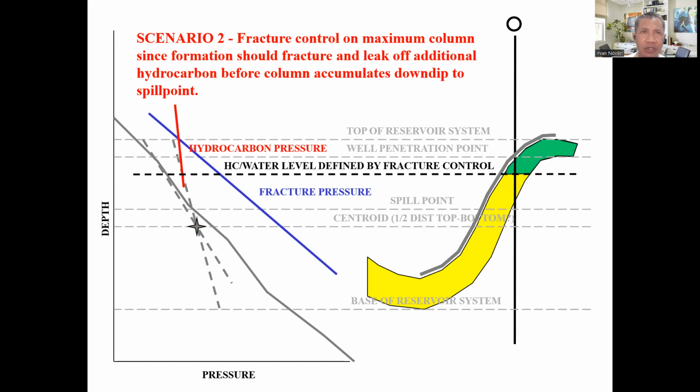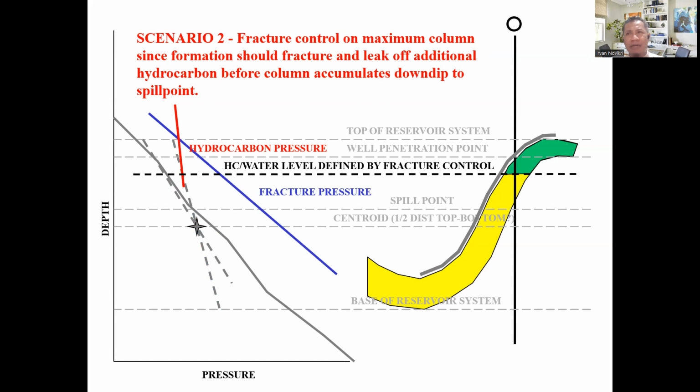In scenario number 2, the base of the reservoir system is the lowest depth at which the reservoir rock formation extends. Depth indicates the vertical distance from the surface at a specific point in the subsurface. Pressure is the force exerted by fluids within the reservoir, while the fracture pressure is required to introduce fractures to the rock formation.